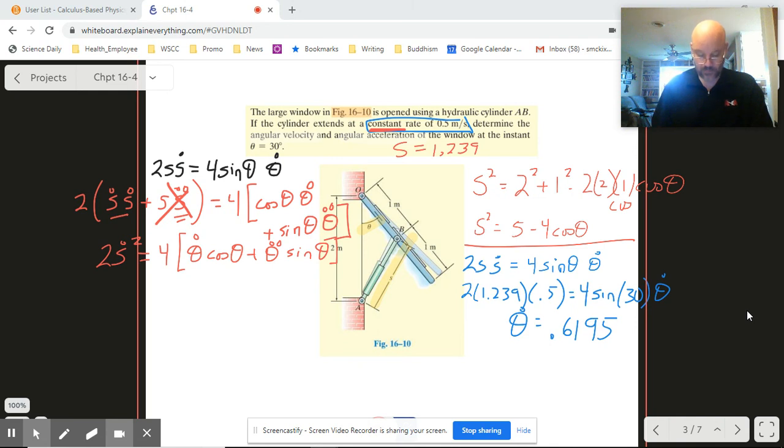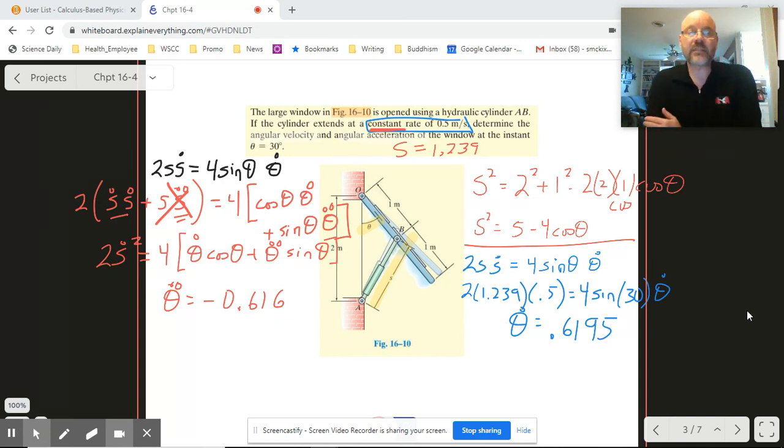Can you calculate it faster than me? 0.6195 times 0.5 cosine 30 plus x sine 30. Okay, and so I got theta double dot to be equal to minus 0.616, like that.